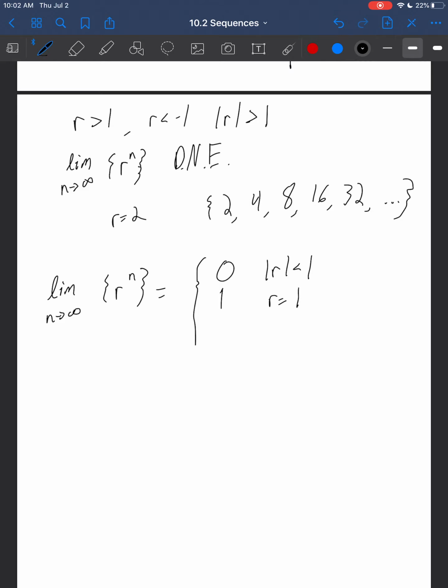It is 1 if I have exactly r equals 1, and does not exist for absolute value of r greater than 1 or r equals -1. So these are all of the cases we talked about. And so we have this complete classification of the geometric sequence, of when it converges and when it diverges.